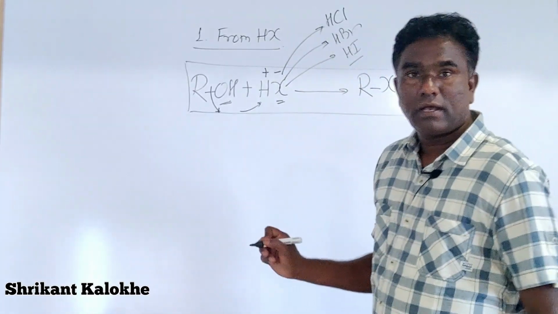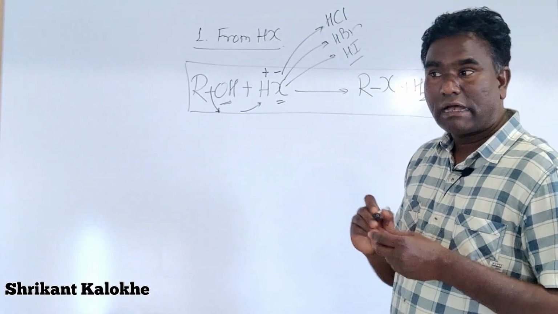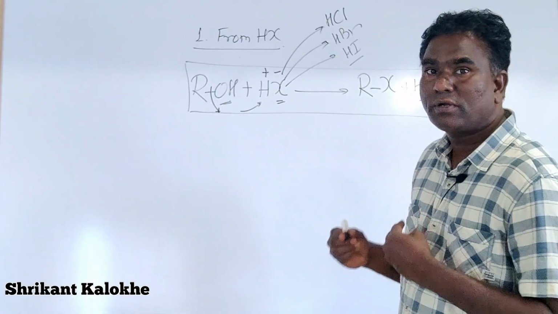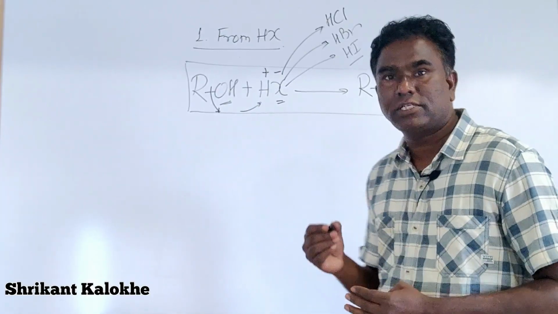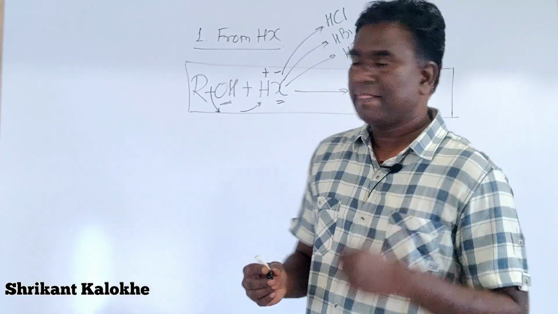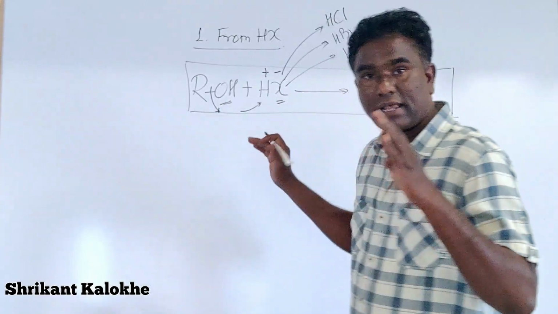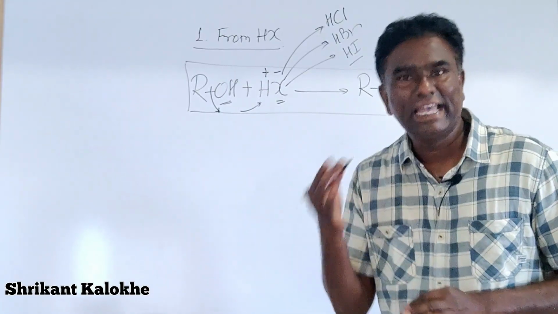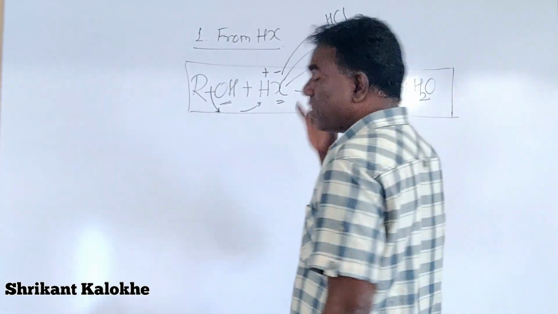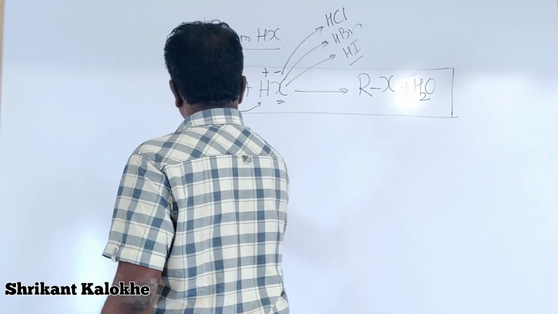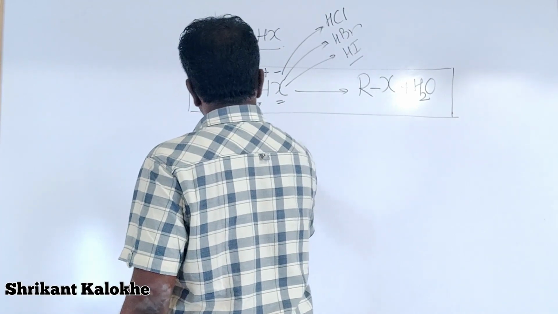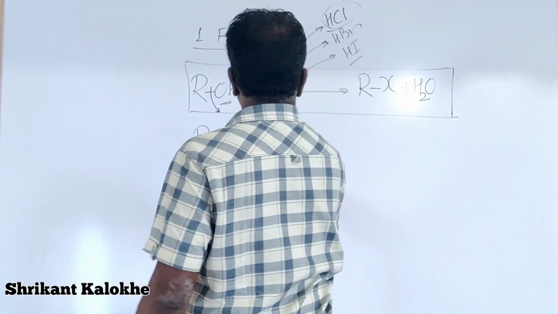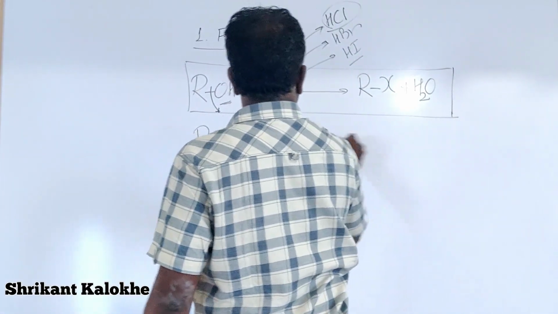Then we need to think about the possibility of reaction of HX with ROH. What could be the possibility of reaction of HCl with ROH? Here I have taken ROH, and the first possible HX is HCl.